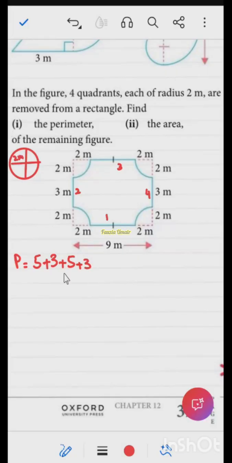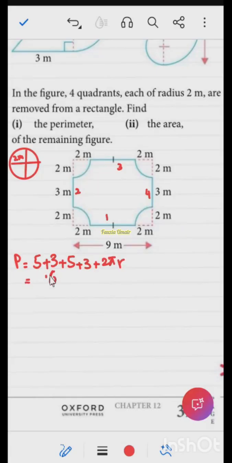We know that the next 4 sides are added up as 2 pi r, right? So 2 pi r with the radius 2. So I will say plus 2 pi r. Now 5 plus 5, 10 and 6, 16.